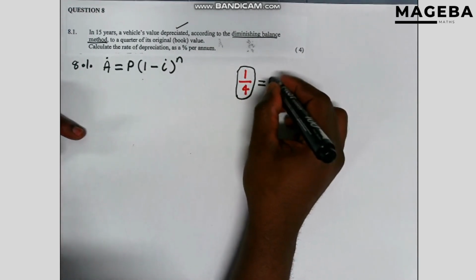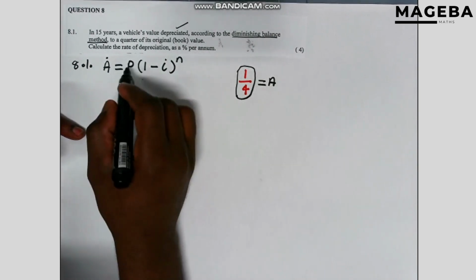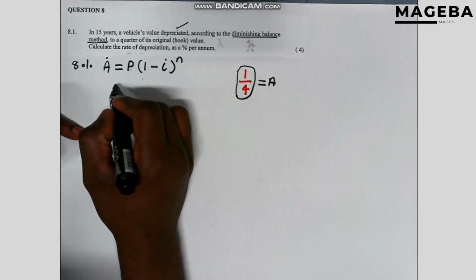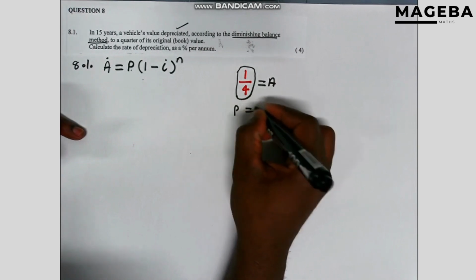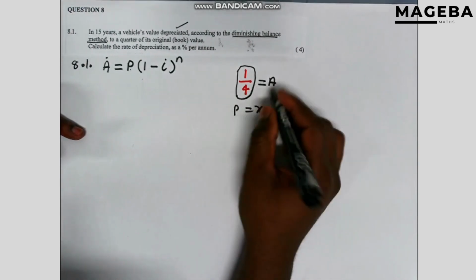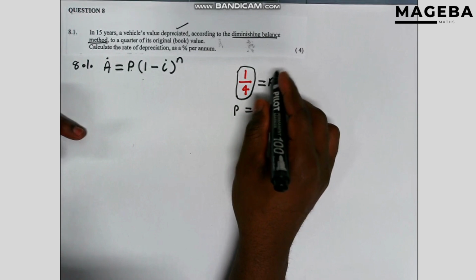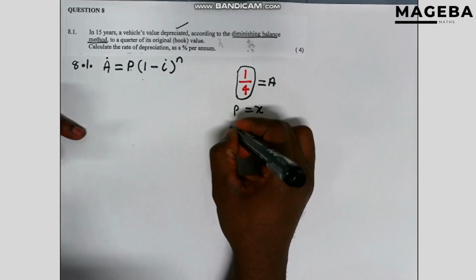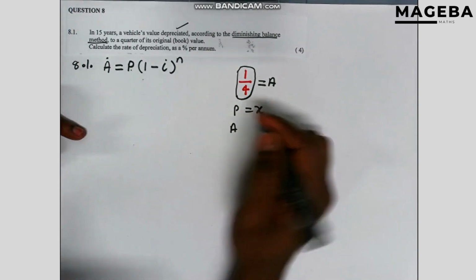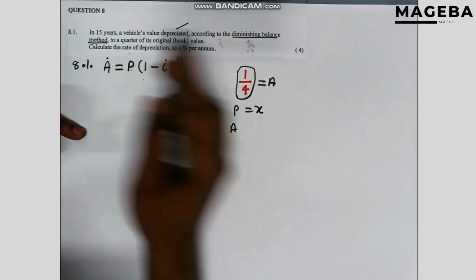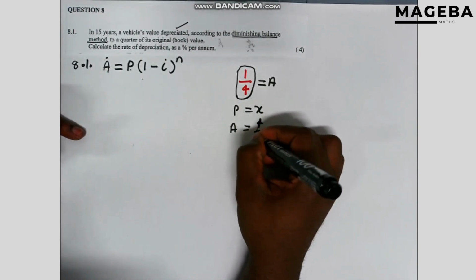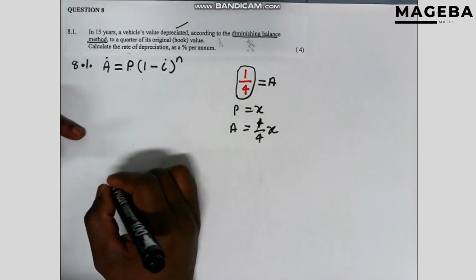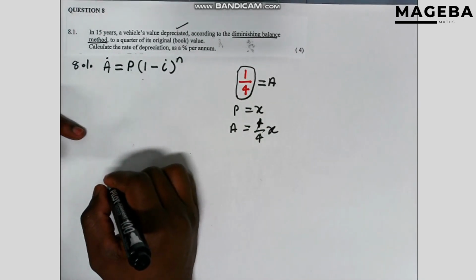is going to be our A, but we don't know our present value. So our present value, we're just going to call it X. And then our accumulated value, where it's going to diminish to a quarter, is going to be 1 over 4 of its value, which is X. I hope you understand that one.